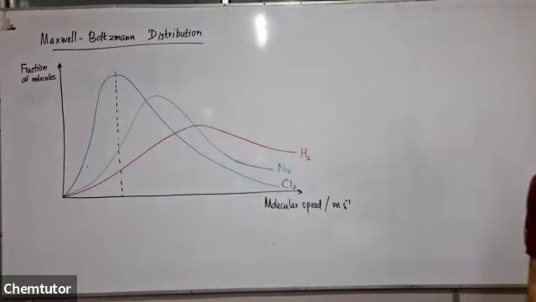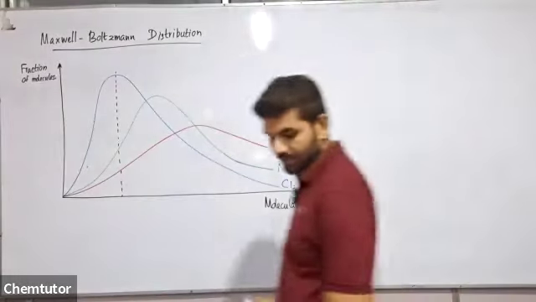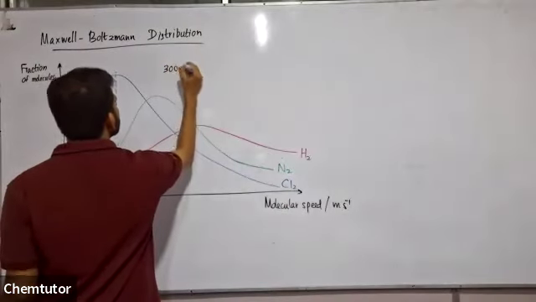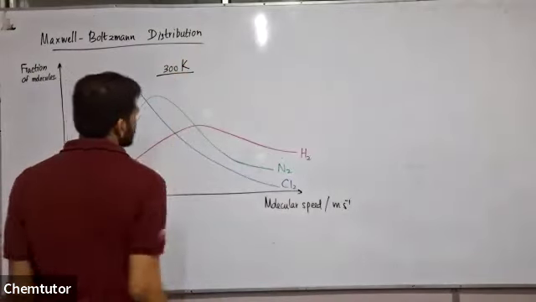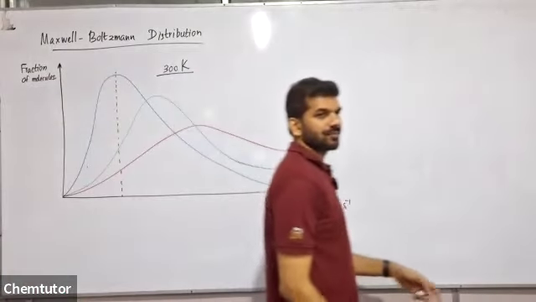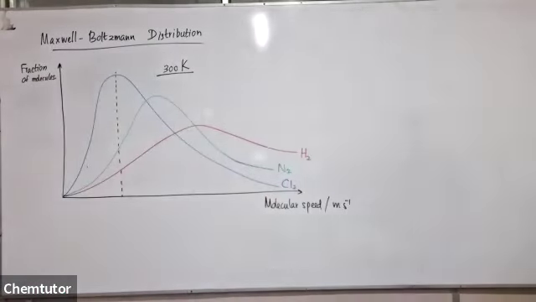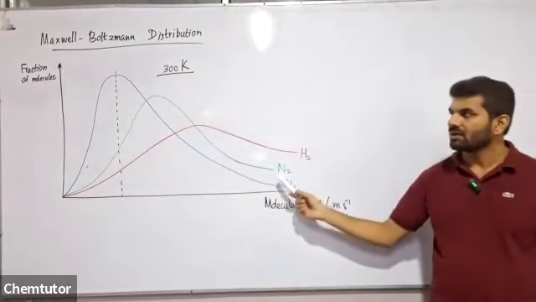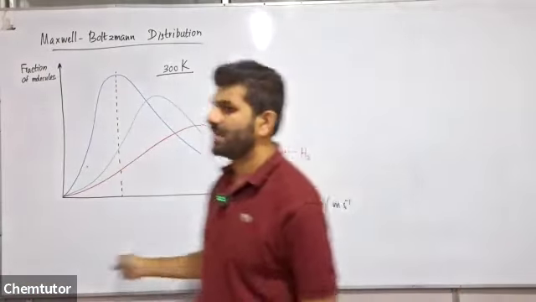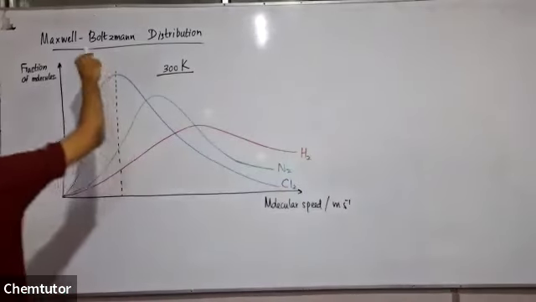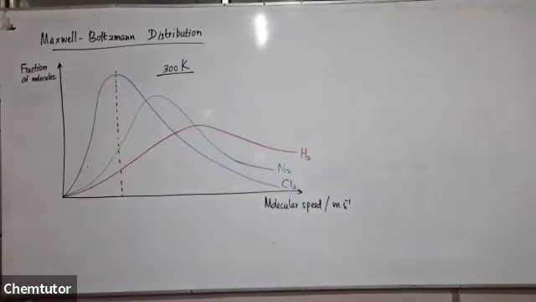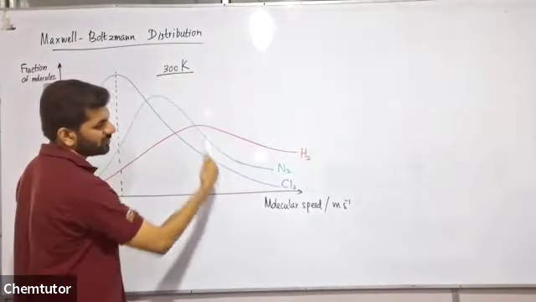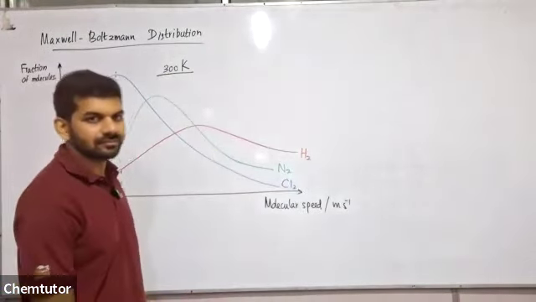Now this is at the same temperature. Let's say this is at 300 Kelvin. So at 300 Kelvin, the distribution is like this for different gases. Once the molar mass is high, the higher fraction of molecules are having low speeds. So once the molar mass is small, there will be a high fraction of molecules with higher speeds.